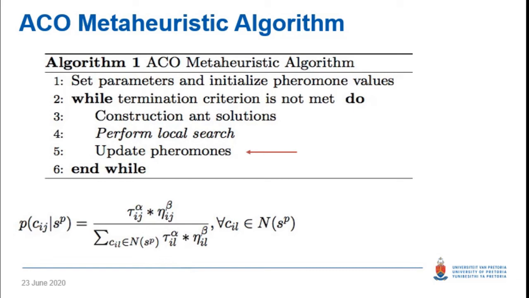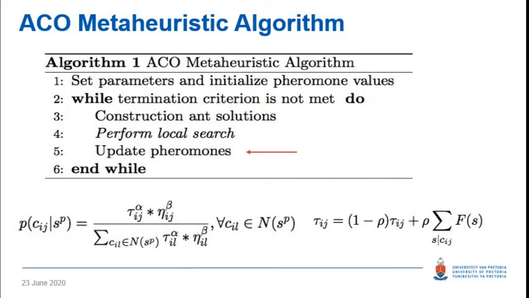The rule that's used to update the pheromone values and the rule that's used to decide which solution component to choose differ from one ACO algorithm to the next. One of the rules commonly used to update the pheromone value is this rule. The new pheromone value is 1 minus rho, where rho represents the evaporation rate and falls in the range of 0 to 1 inclusive, multiplied by the current pheromone value.